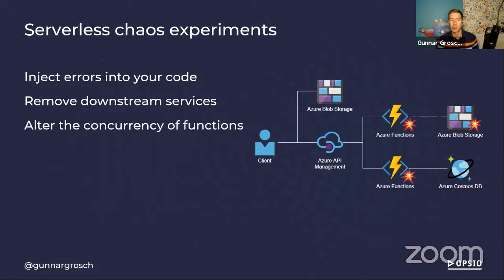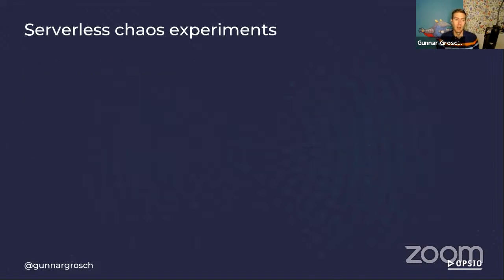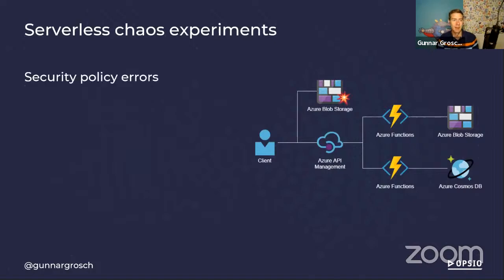We can alter concurrency of functions so that it doesn't scale the way that perhaps we rely on it to do, to see how it handles those. We can restrict capacity of tables in our data store. Moving on, we can create different types of security policy errors, things that might happen through deployments or configuration changes and so on.